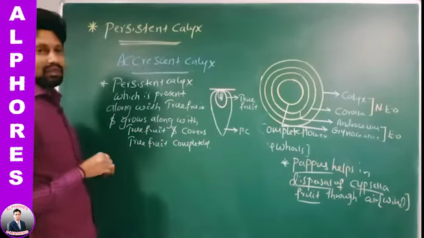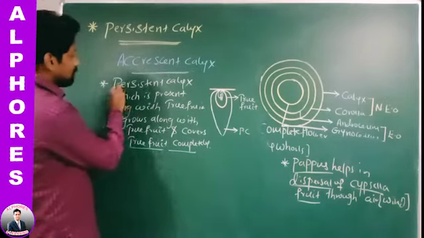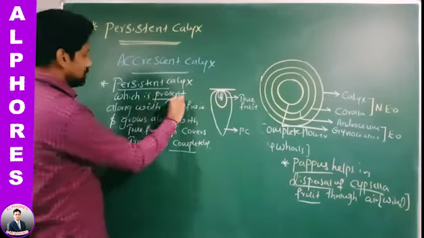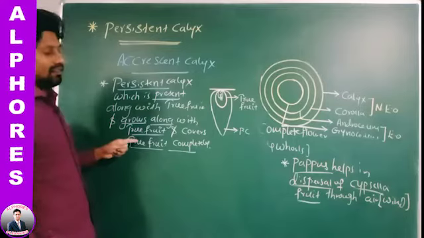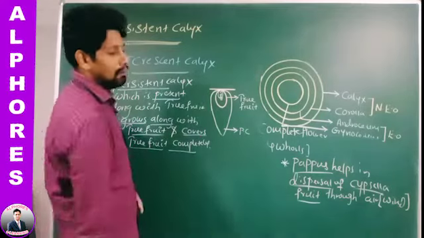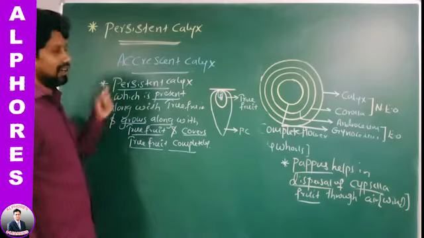Who has covered the true fruit completely, sir? The persistent calyx. Therefore, the persistent calyx which is present and grows along with the true fruit and covers the true fruit completely, that persistent calyx is called accrescent calyx.